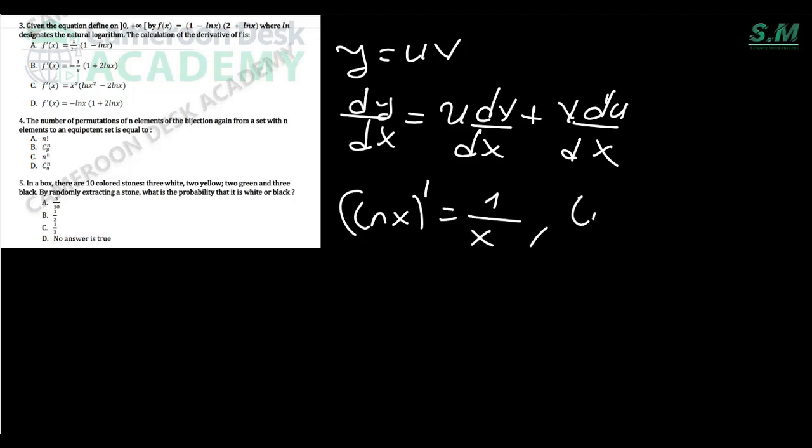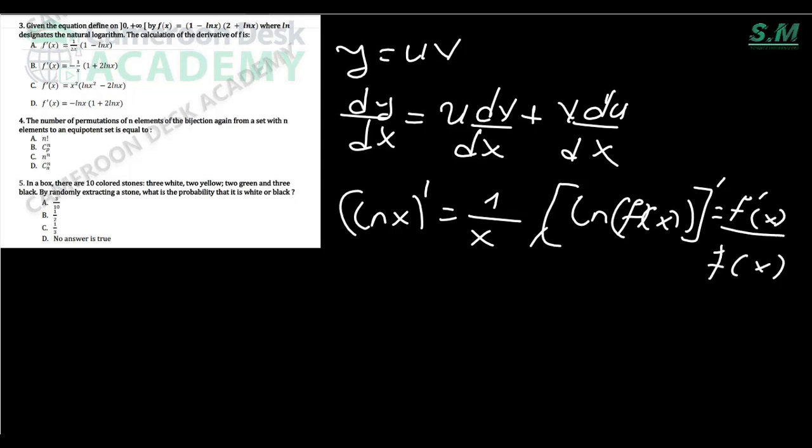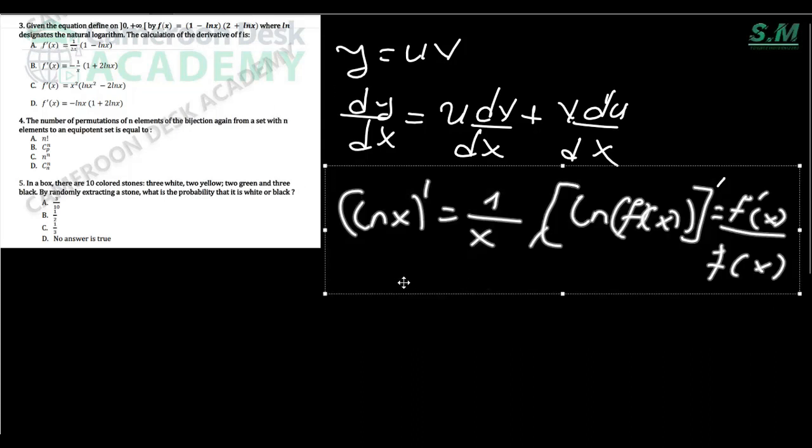And in general, if you have the natural logarithm of a function f of x, then its derivative will be equal to f prime of x divided by f of x. So we have to remind ourselves of that particular law of derivatives.